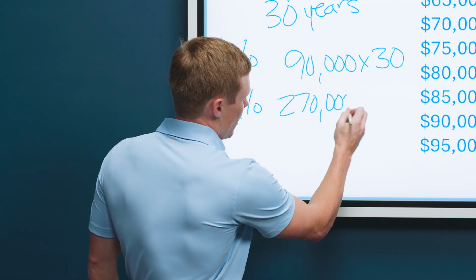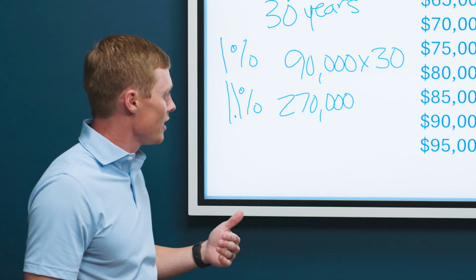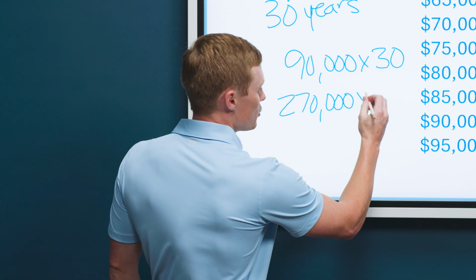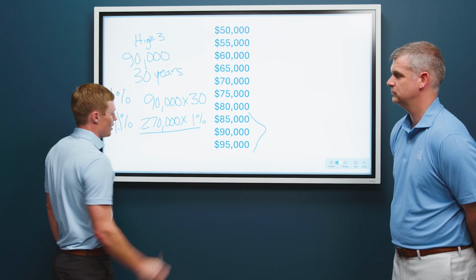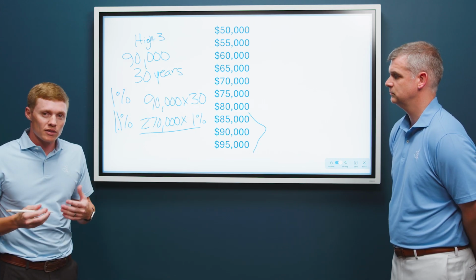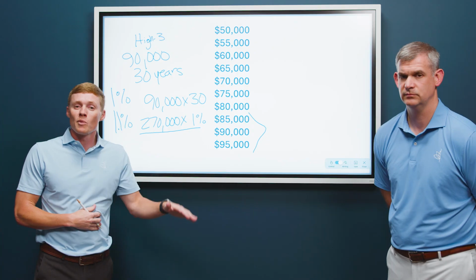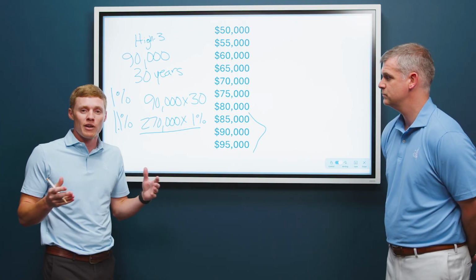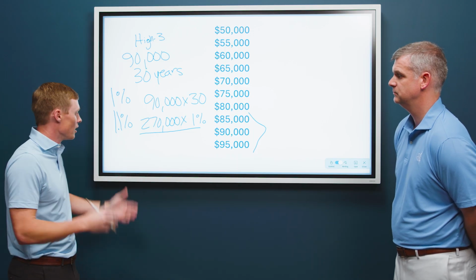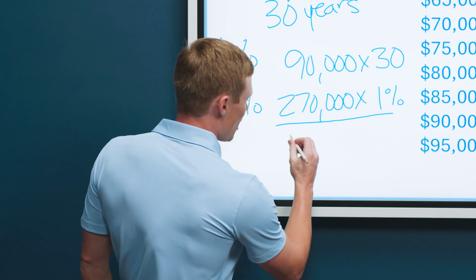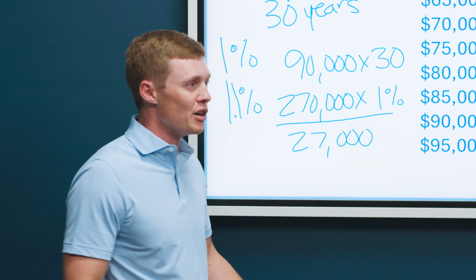Then in this equation, we're using the 1%, so you take that $270,000 and multiply it times 1%, which gives you the annual amount your FERS pension will be. Now, this is gross. This is before any taxes are withheld and before any survivor benefits. This just gives you the highest possible FERS pension it could be, which ends up being $27,000 a year.